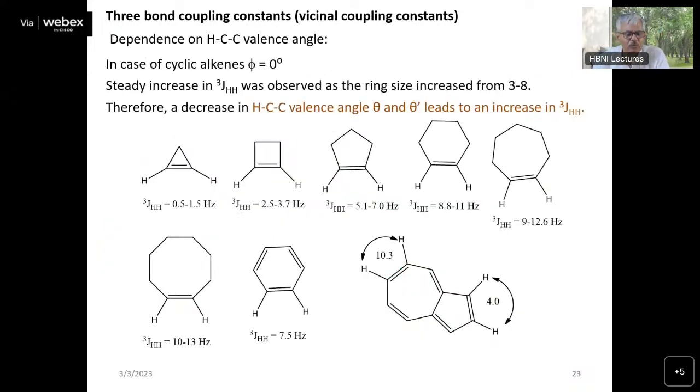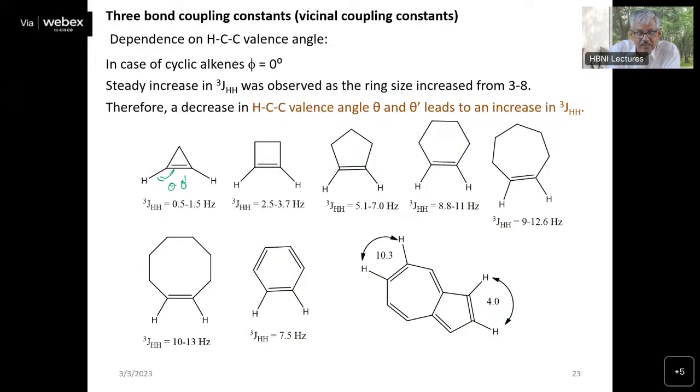Now we have seen the cyclic system, because it is a cyclic system and you have a double bond, this is planar, so the dihedral angle phi is always 0. But if you see this angle, theta and theta dash, it depends on the ring size.